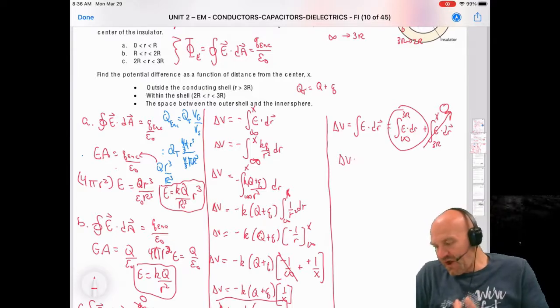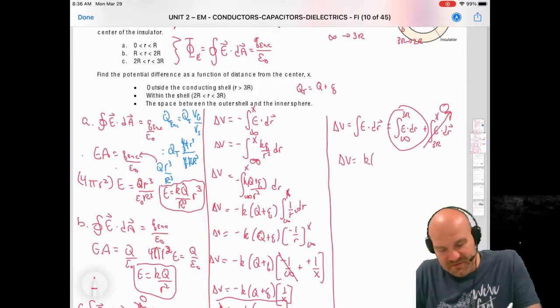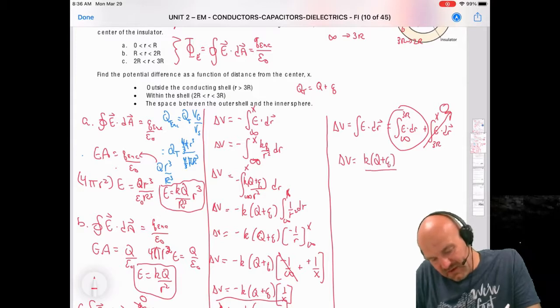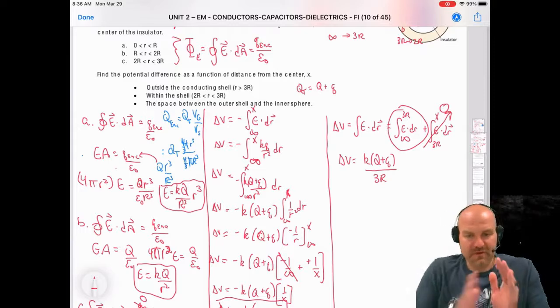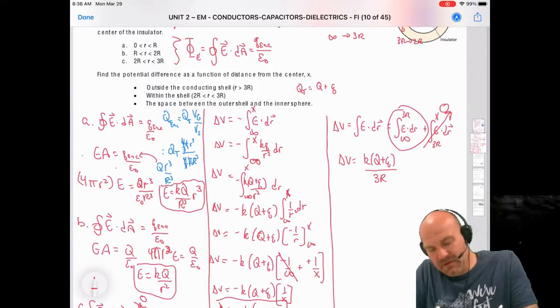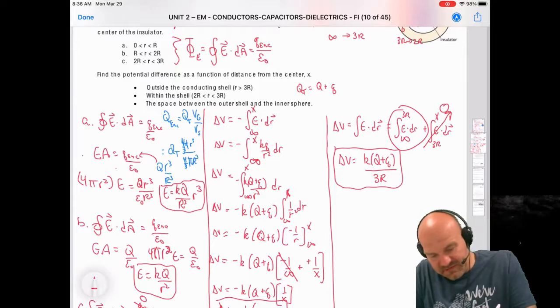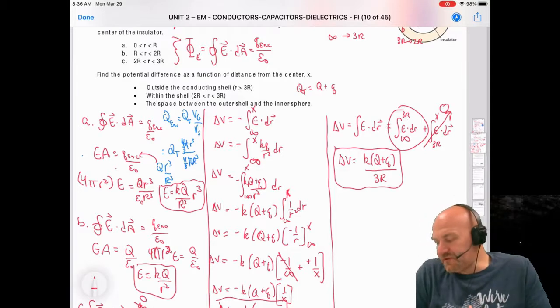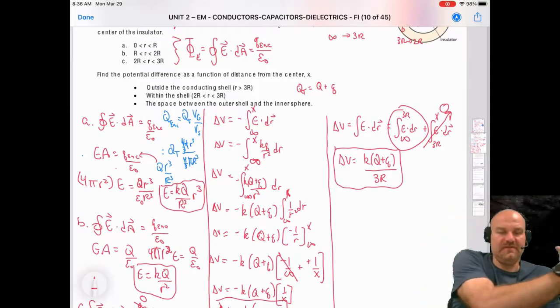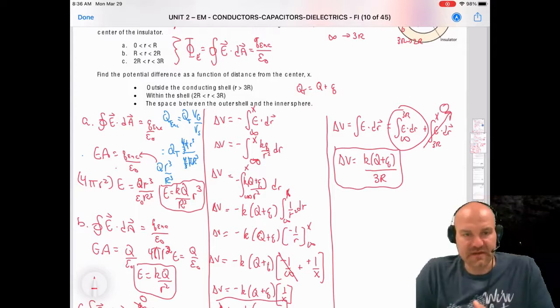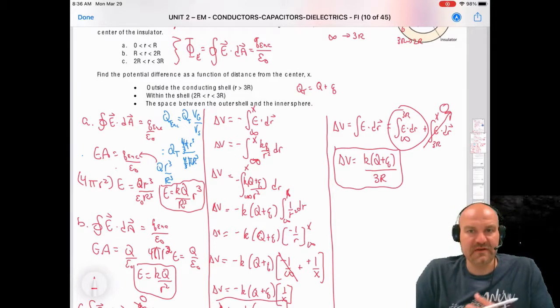It was our q plus little q. So delta V equals kq plus little q over 3r, because now we have a defined point. So this will actually be our potential difference from going from infinity into the conducting sphere.